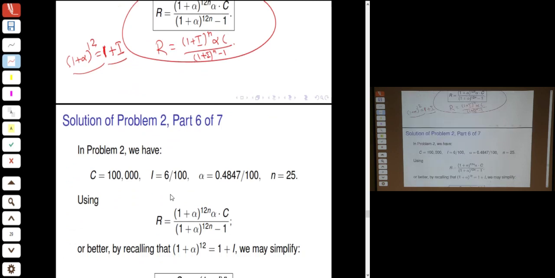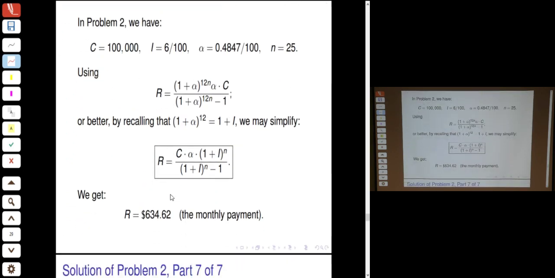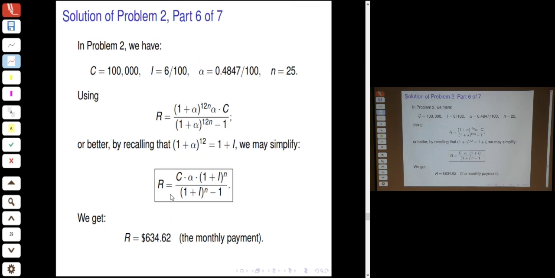Okay. So let us now put in the numerical values and see what is going on. So in this current problem, we have C is 100,000. The interest rate is 6/100 annually, so 0.06. So alpha is 0.004847 and n is 25.